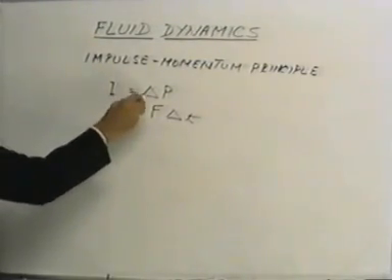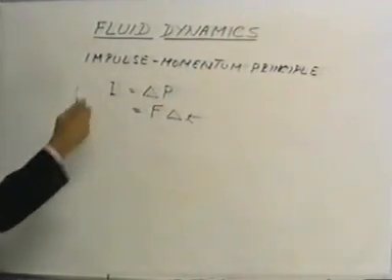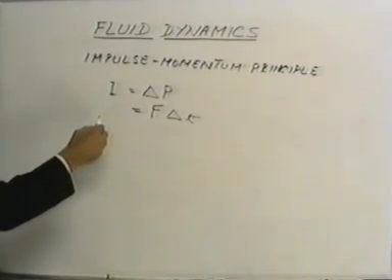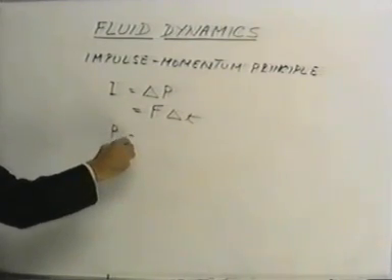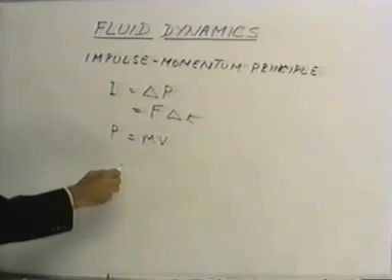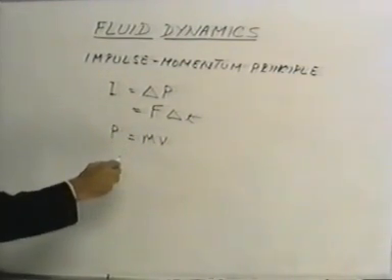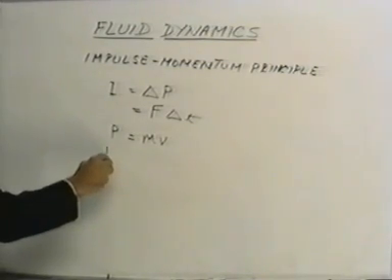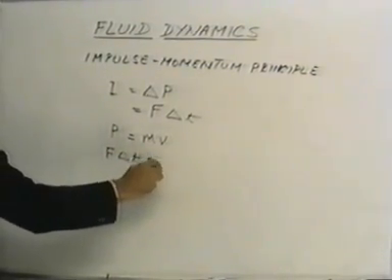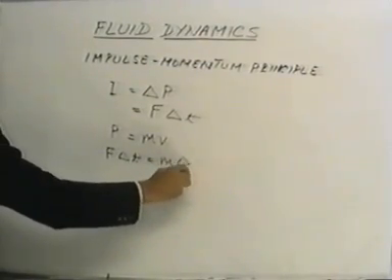So since impulse is equal to F delta T and F is equal to delta P, then these two things must be equal. So I can write from this equation now that the momentum of a moving object is given by P is equal to M times V. But we just saw a little while ago that I can write this impulse F delta T and equate this to M delta V. It's a change in velocity.